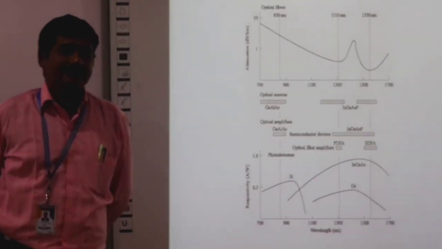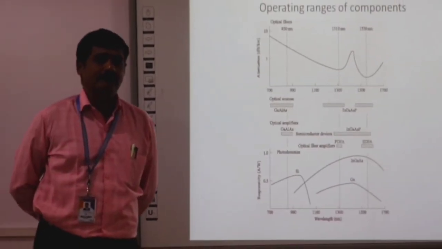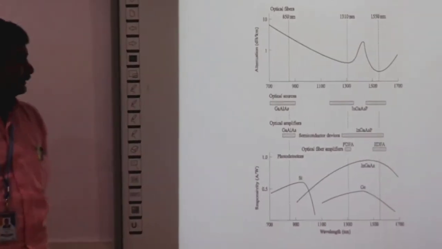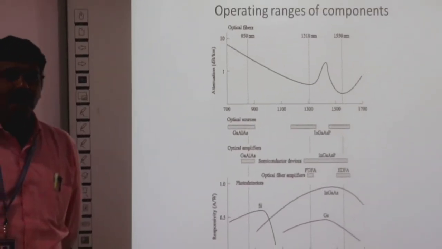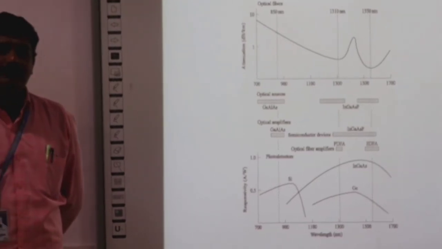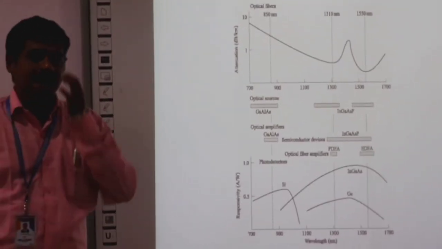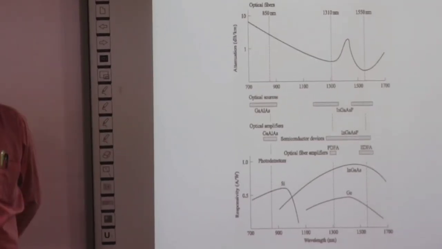So there are three such wavelengths, namely 850 nanometer, 1310 nanometer and 1550 nanometer. These are the three optical windows which can be used for the optical fiber communication.